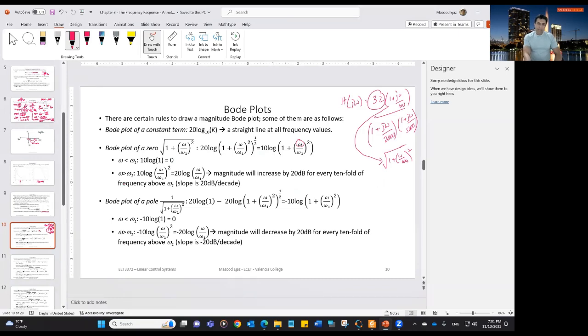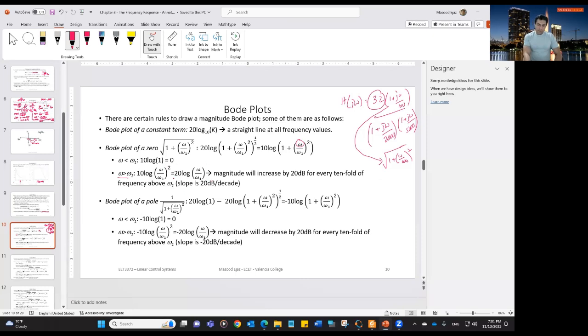The next approximation is, as soon as your frequency increases beyond omega 1, you will assume that this term becomes quite large compared to 1, and we're going to ignore 1. So you're going to have 10 log of omega over omega 1 squared. Again, the 2 is going to come out and multiply 10, so it's going to be 20 log of omega over omega 1.